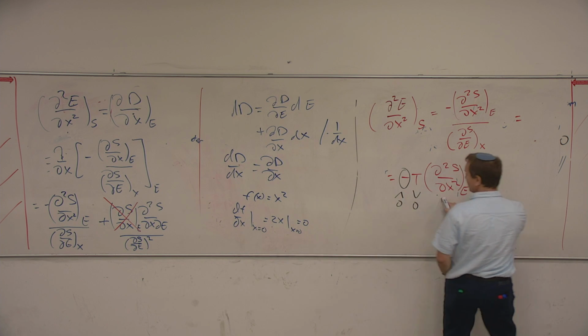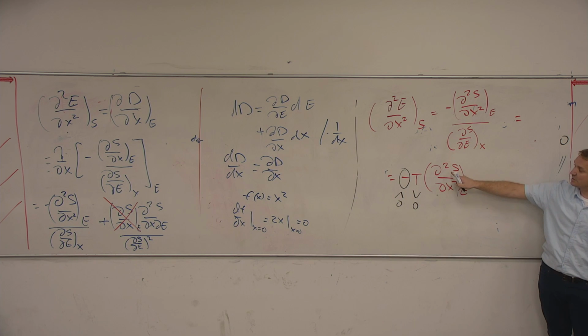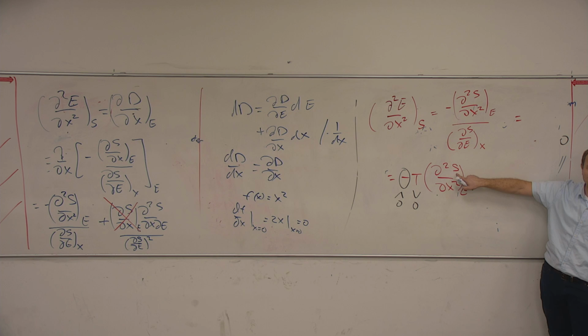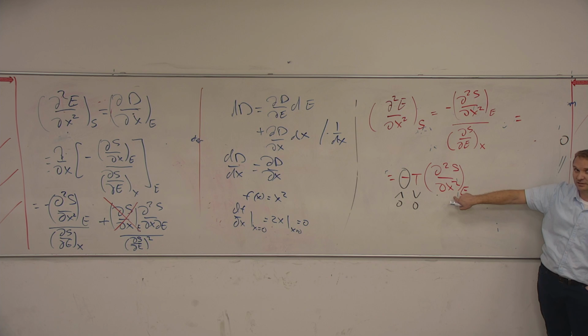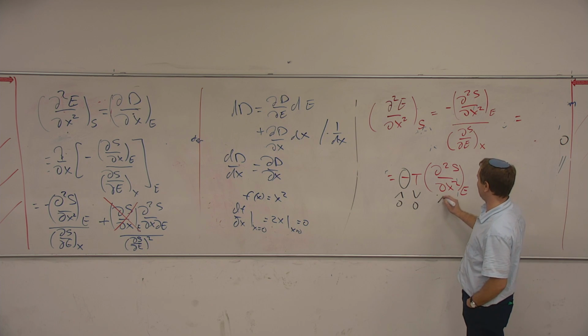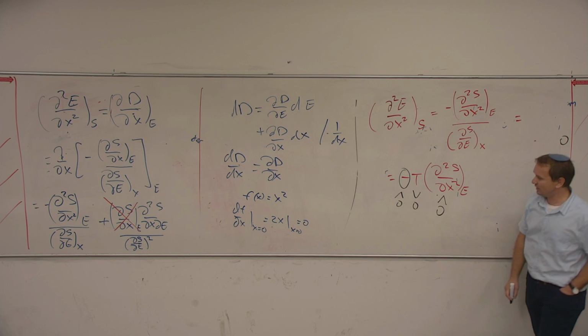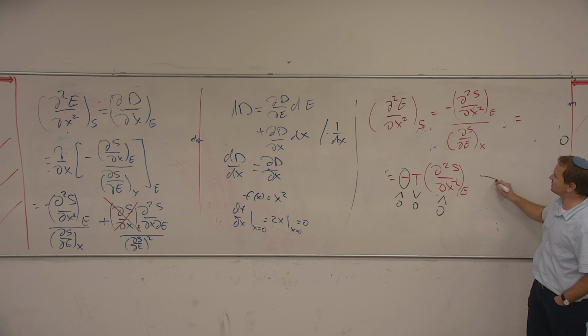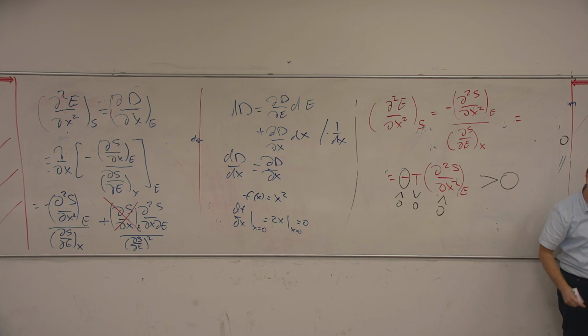What about this? This is the second derivative of s with respect to the internal constraints when the energy is kept constant. What is the principle for the entropy? It is maximal, so the second derivative is negative. So we have plus, minus, and minus, and all of this is plus.